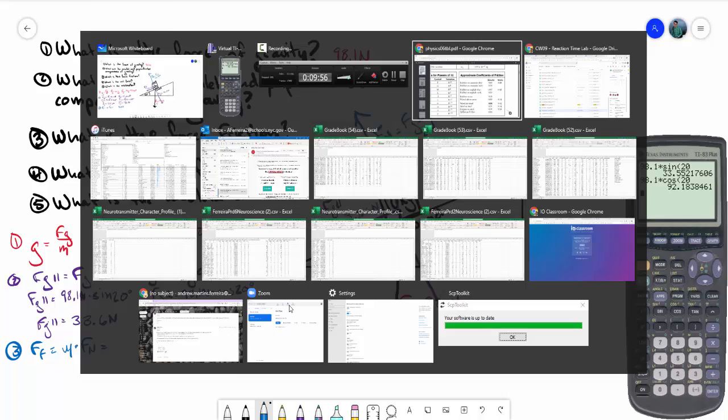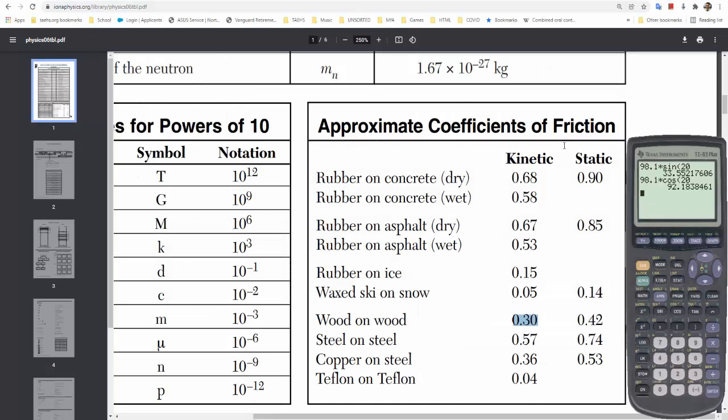So to pull that up, the approximate coefficients of friction. We need to consider if it's kinetic or static, and also we need to look at the materials within the system. So kinetic means that something is sliding already. Static means that something is still.